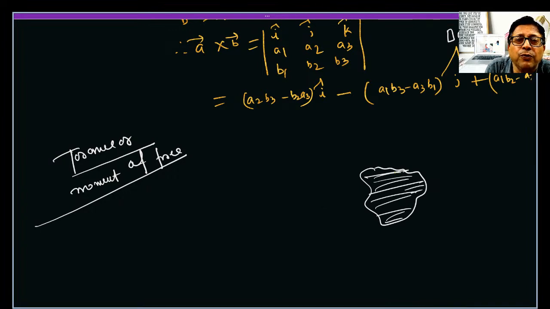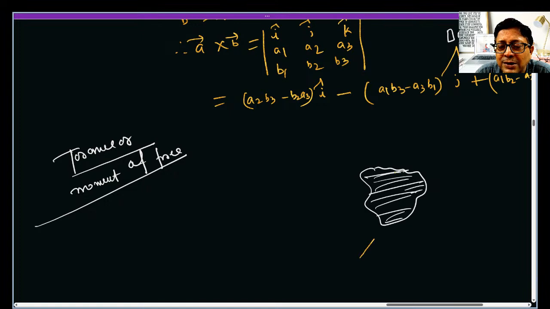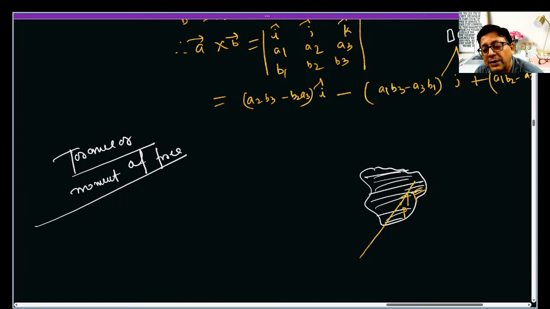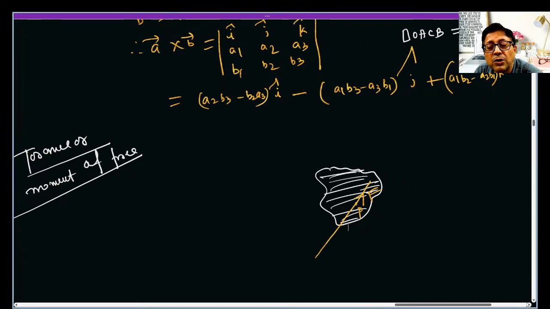You have applied a force at a point here. This is the line of action of the force. Point of application is P here. We want to define the moment of this force. Force is F.